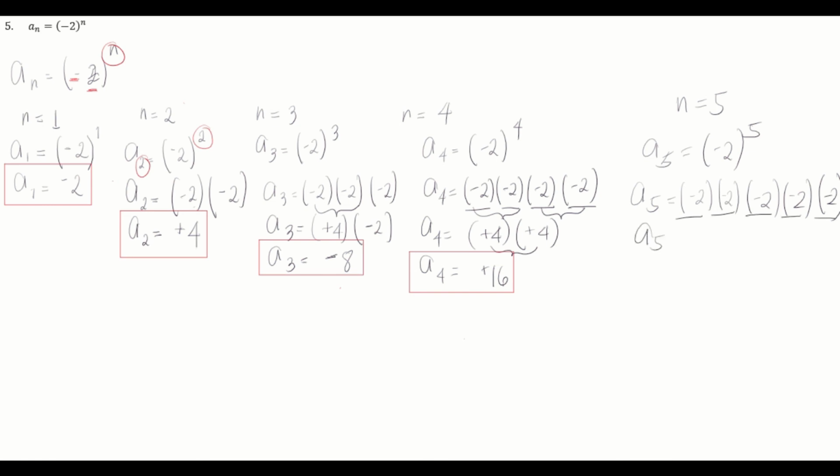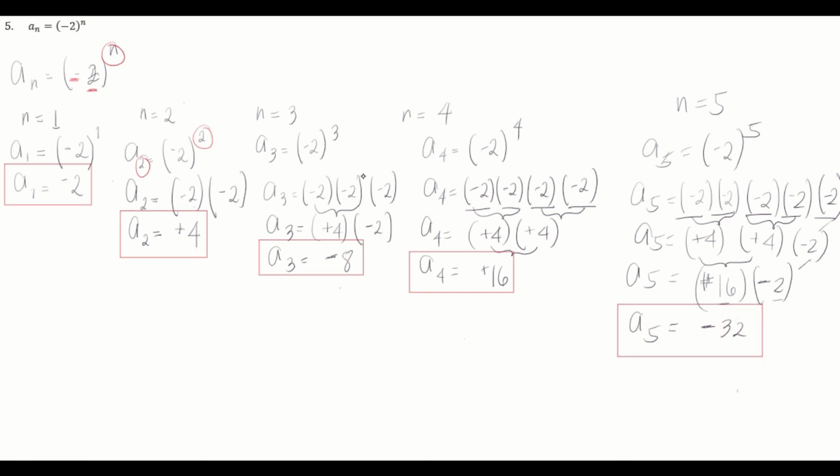So we have a sub 5 equals positive 4 times positive 4 times -2. A sub 5 is just positive 16 times -2. Applying the rules of multiplying integers, positive times negative is negative. 16 times 2 is 32. So a sub 5 is just -32, or our fifth term is -32.